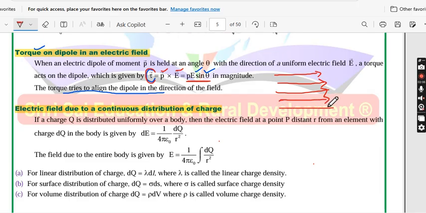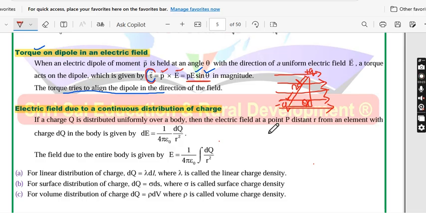Consider an electric dipole consisting of two charges, this is plus Q and this is minus Q, which are separated by a distance 2d, and which are held at an angle theta.